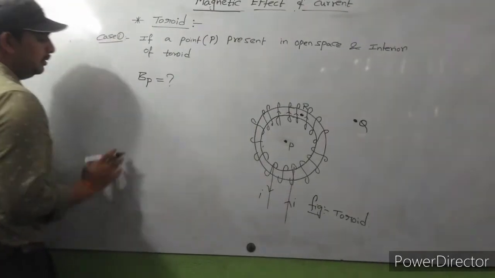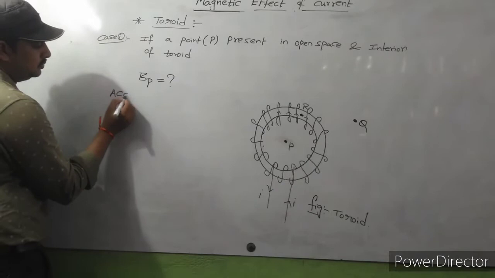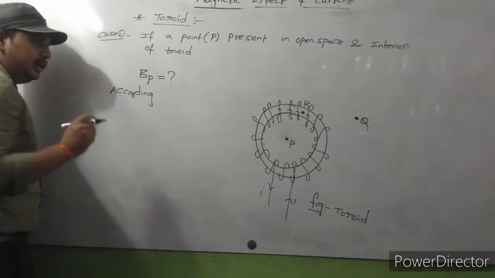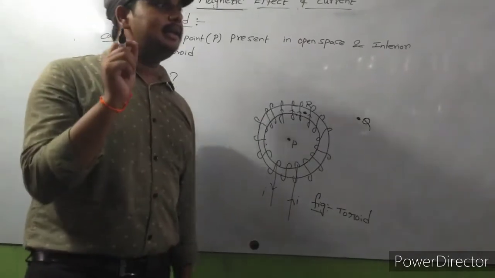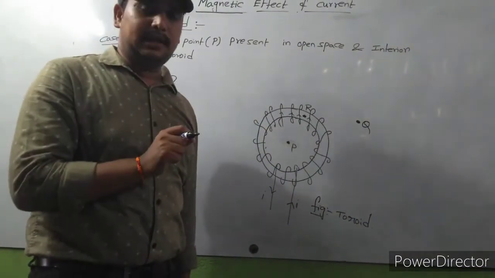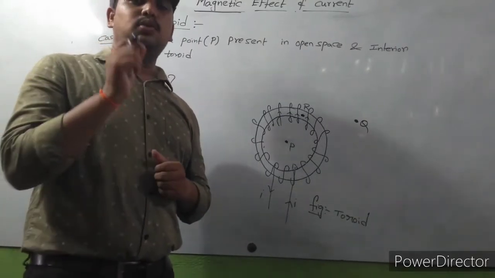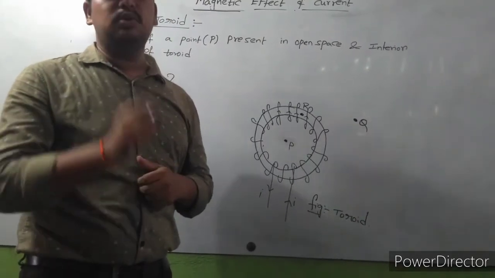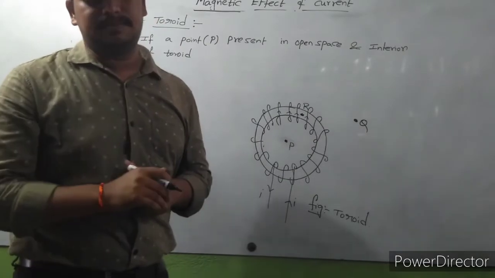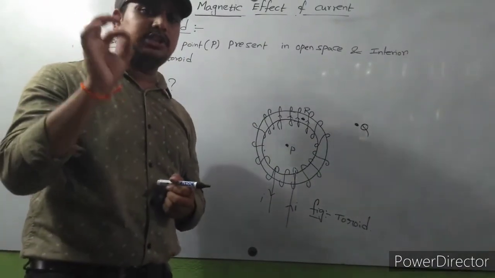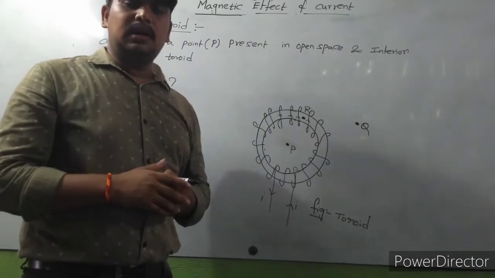Dear student, the magnetic field can be found by using two rules mainly: by using Biot-Savart's law and by using Ampere's circuital law. We have mainly two laws for finding the magnitude of the magnetic field.